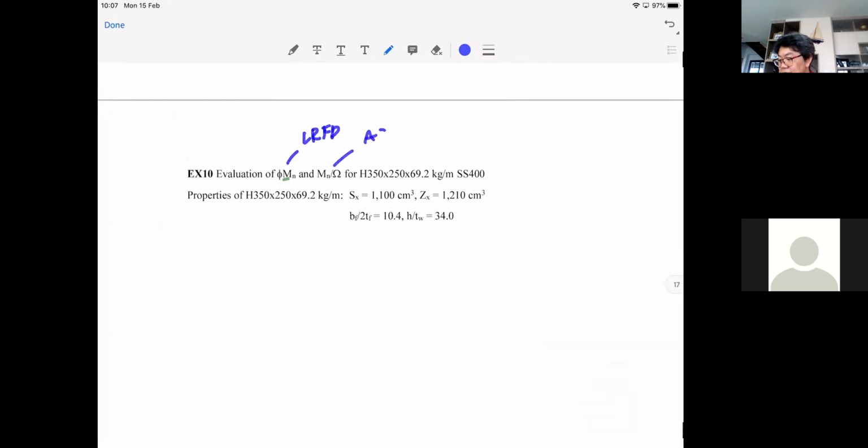And that is ASD for this particular section, H350 by 250 by 69.2 with the SS 400 steel. Okay, you can pick this information from the table. Okay, if you want to open the file, look at the table yourself.